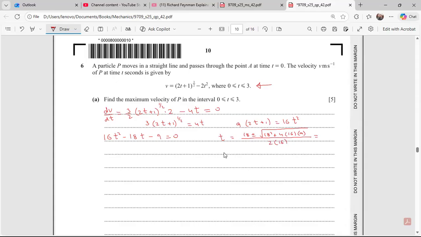And when I simplified this whole thing, I got two answers, 1.5 and minus 0.375. Of course, I'm interested in the interval 0 to 3, so I will not consider this one. So the speed is maximum at time 1.5 seconds.